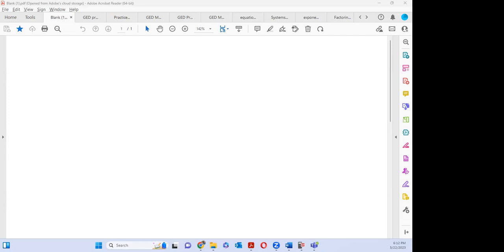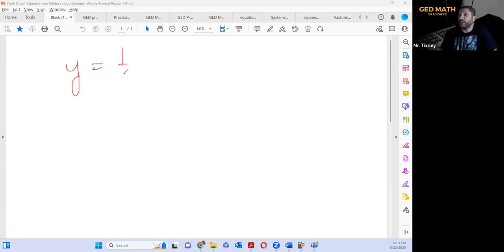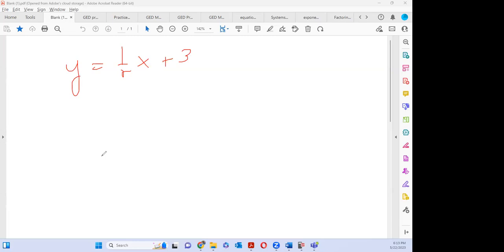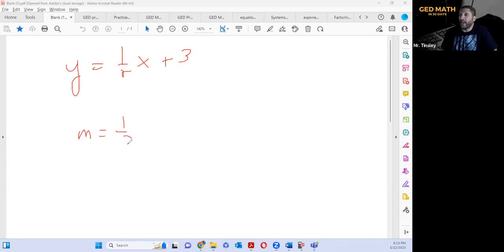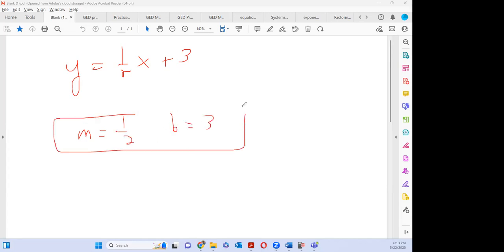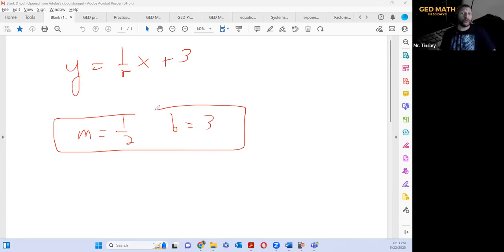The linear equations, Mr. Tinsley, would be fractions. What do you mean, like y equals 1/2 x plus 3? So your slope is what? 1/2. Your y-intercept is what? 3. It does not matter if it's fractions or decimals. I don't care what it is.